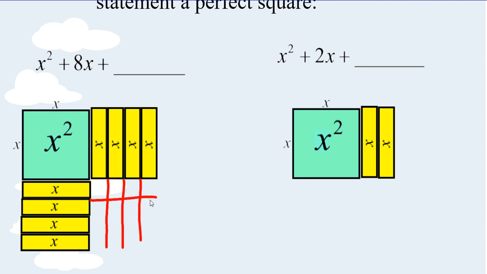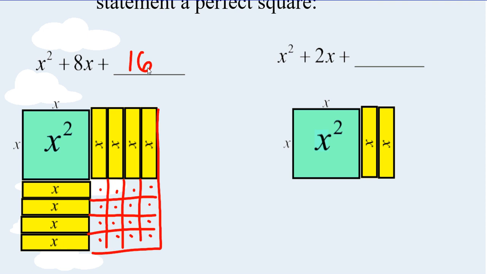If I grid it out, you see how many little 1 pieces I'm missing that I need to fill in in order to make my perfect square. I'm missing 1, 2, 3, 4, 5, 6, 7, 8, 9, 10, 11, 12, 13, 14, 15, 16. I don't want to count those out every time. What happened? Well, when I took this and cut it in half and made 4 by 4, 4 times 4 is going to make 16. I need to add 16 in order to make a perfect square.